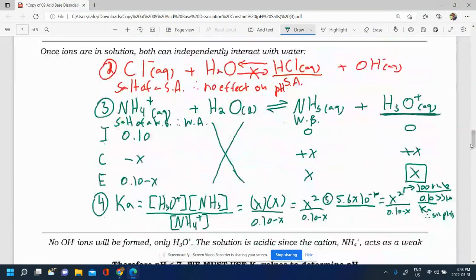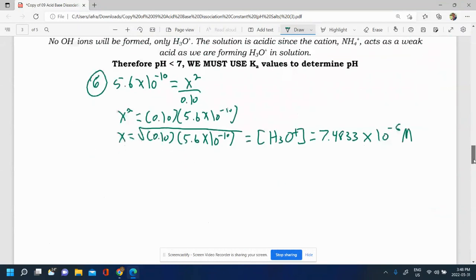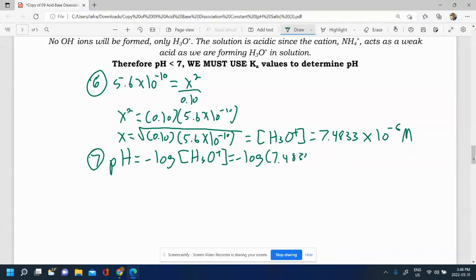So we found the x value over here, and now all we need to do is use this x value, because it's our H3O plus, to find the pH. Remember that the pH is equal to the negative log of H3O plus, which is the negative log of this number here, 7.4833 times 10 to the power of negative 6.